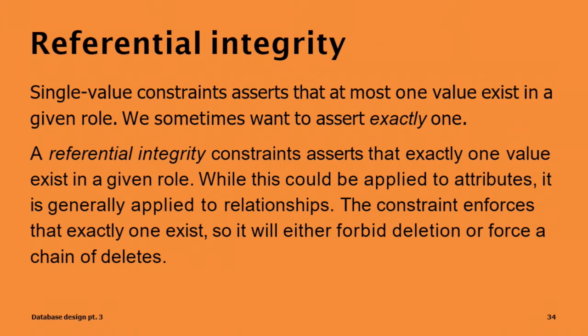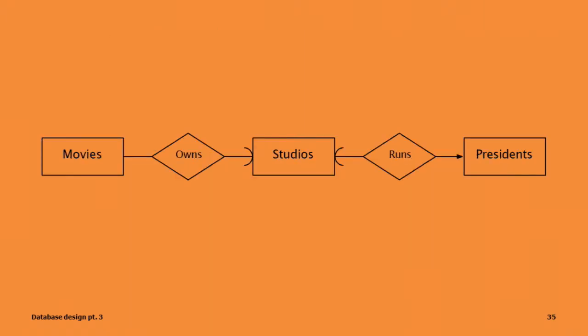And that is what they mean by we sometimes want to assert exactly one. And the symbol is that half circle. So this symbol says that this is a constraint, that one movie should match one studio.